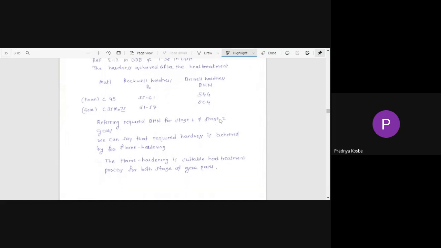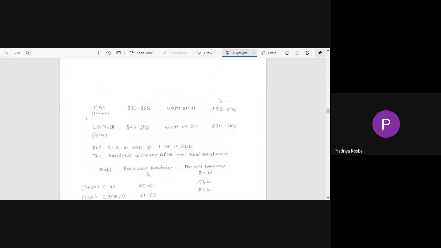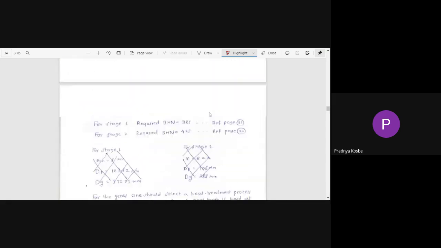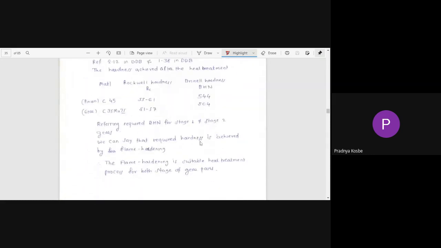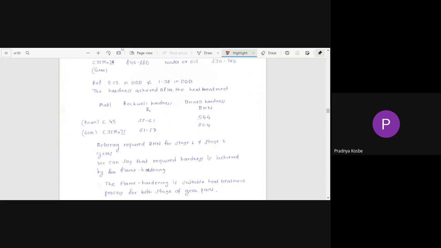So now referring to the required BHN for stage 1 and stage 2 gears, what is the calculated hardness? It is 385. You can see here, for stage 1 it is 385 and for stage 2 it is 425. And after heat treatment, BHN, the Brinell hardness number, is what? The hardness achieved is 544 and 504.